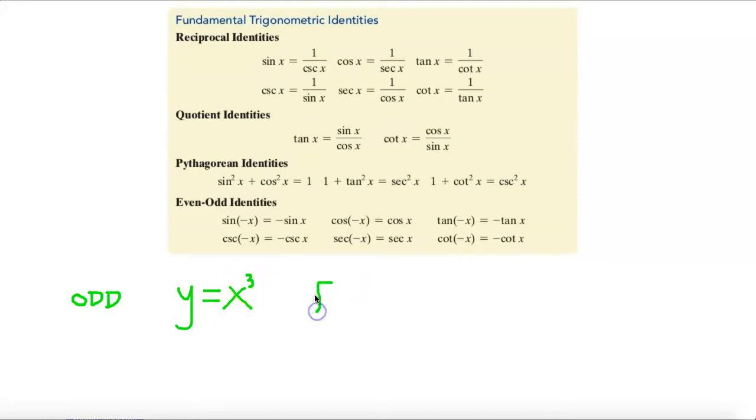So if we were to look at f of negative x, if this is your f of x, if you put a negative x inside the cube, what happens to the negative sign? It comes right out. Okay, that's how odd functions behave. The negative does not stay trapped inside the function, it comes right out in front.